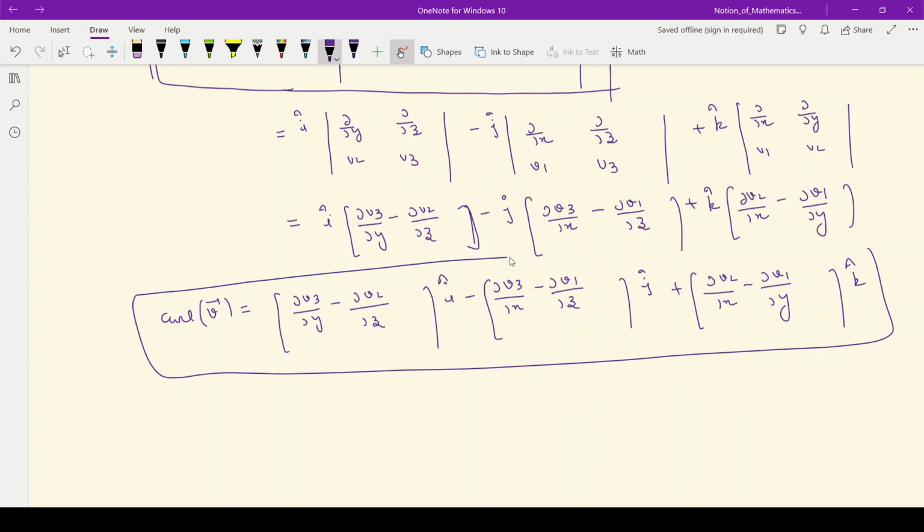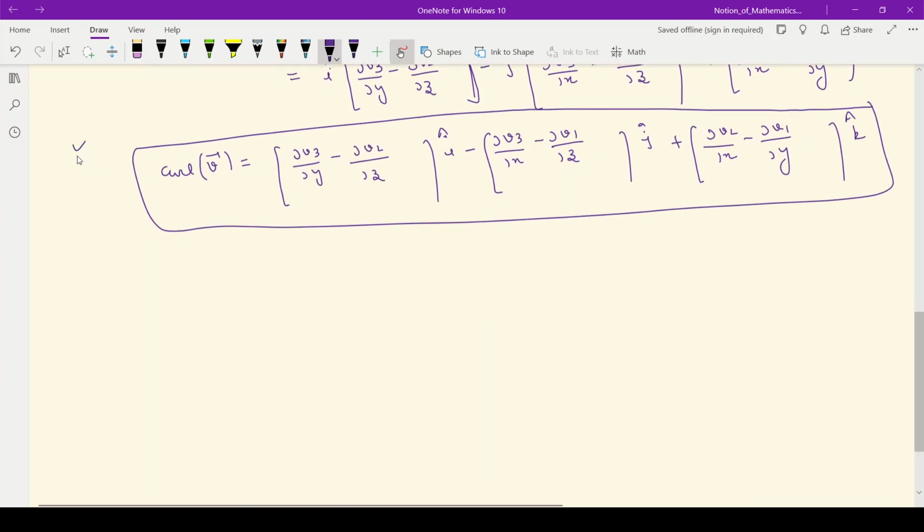So in order to evaluate the curl of any vector point function, we may utilize this formula directly also.